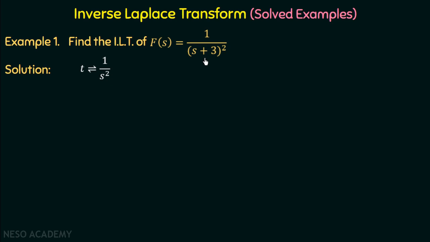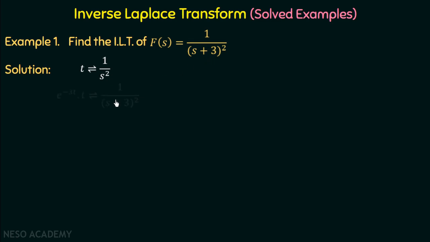If we have the shifting in the frequency domain, then an exponential function is multiplied in the time domain. So we need to multiply e^(-3t) in the time domain, because we are shifting this function to the left by a factor of 3. If plus 3 is here, then we need to multiply e^(-3t) in the time domain.